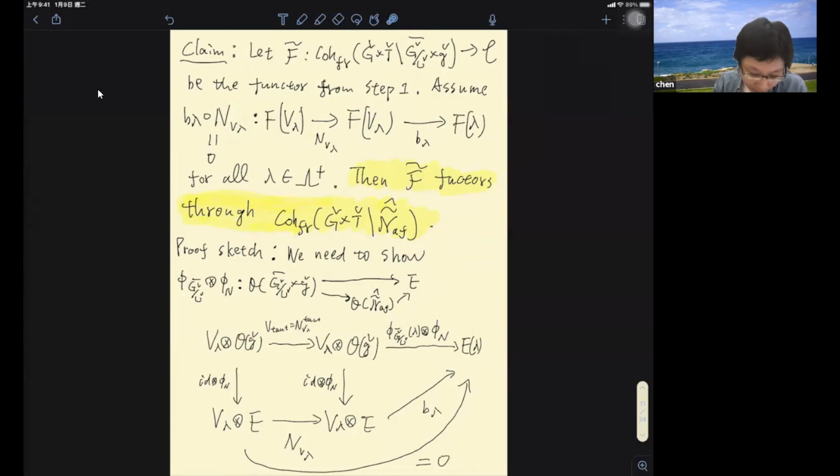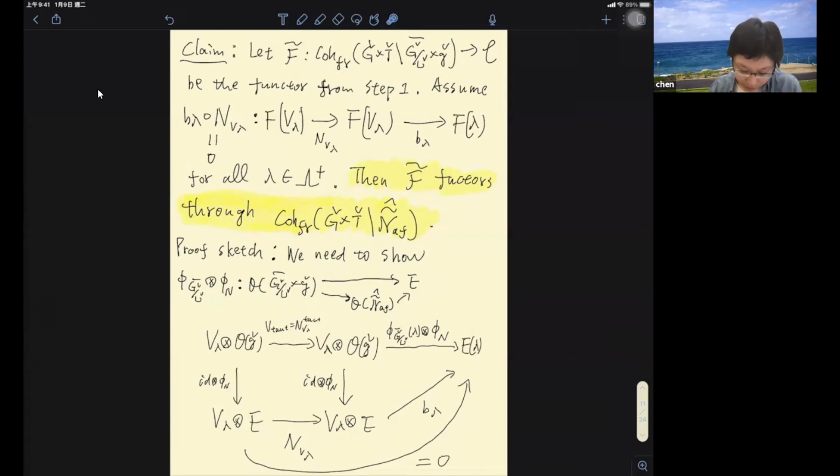But now you assume that they satisfy these equations: the composition is 0. So n lambda maps fv lambda to fv lambda, and b lambda is this arrow. If this is 0 for all lambda in the dominant coweights, then the functor we constructed in step 1 and step 2 actually factors through the closed subscheme, this untilted affine.